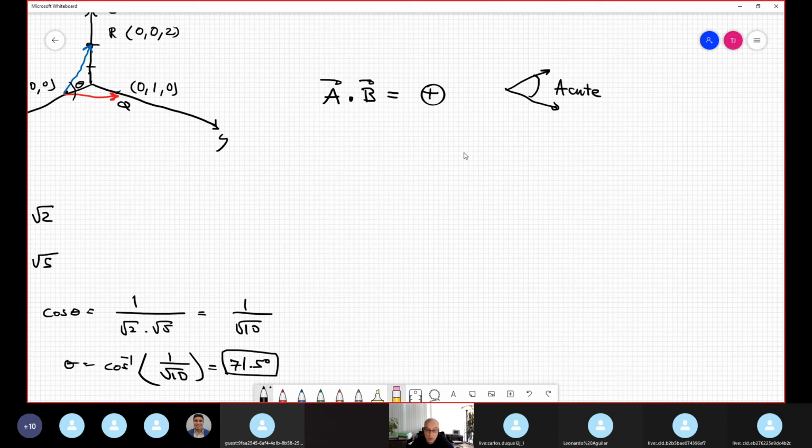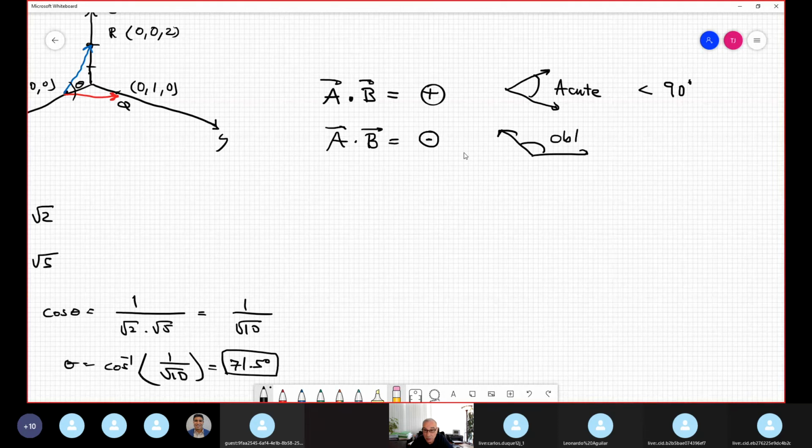Acute means less than 90 degrees. You want to prove que it's acute: multiplication, the answer is positive, it's acute. Si the answer is negative, it's obtuse, greater than 90 degrees.